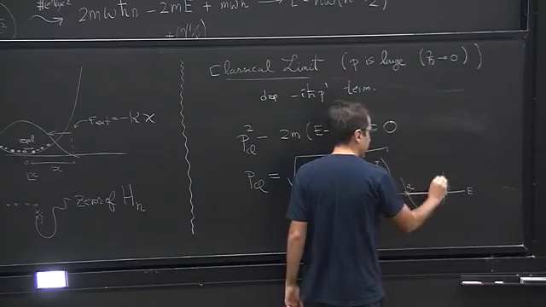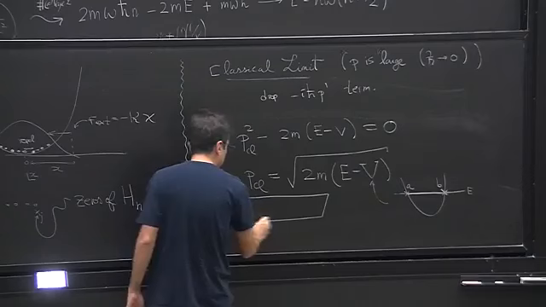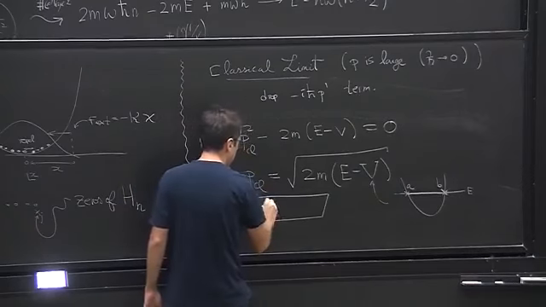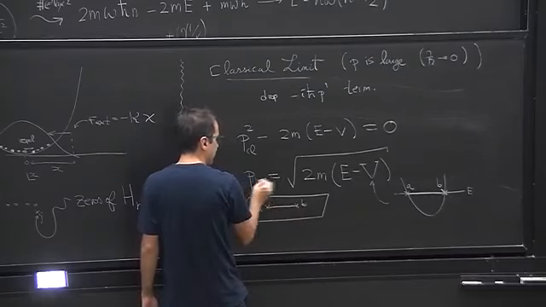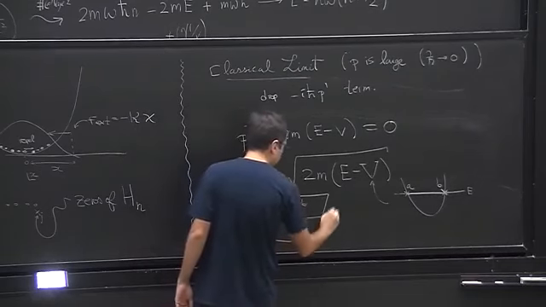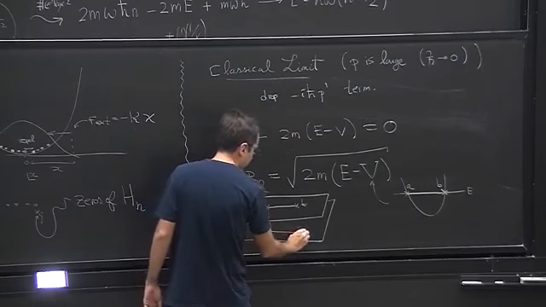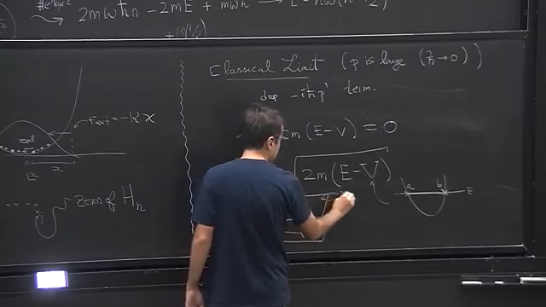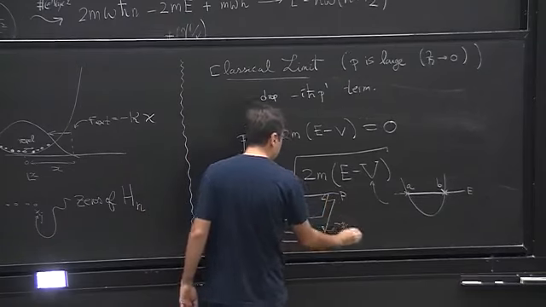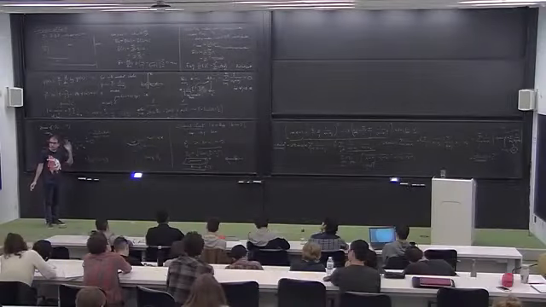So if I call this A and this B, then my P classical is a function that has a cut. The square root is 0 at A and at B, and there is a cut. And if I cross the cut, P goes to minus P, so I should think that P lives in a two-sheeted Riemann surface. And there is a cut that connects it. And under this cut, here I start with P, and when I go here, I have minus P. Right? Where P is just that function, square root of E minus V.